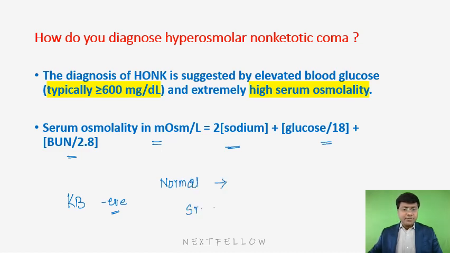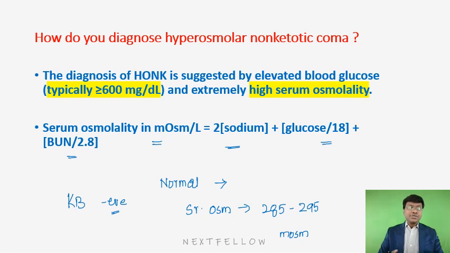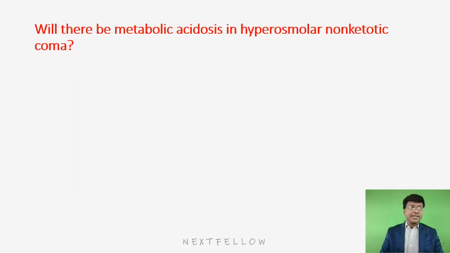The normal serum osmolality is around 285 to 295 milliosmoles per kg. In patients with HONC, there will be an increase in serum osmolality.